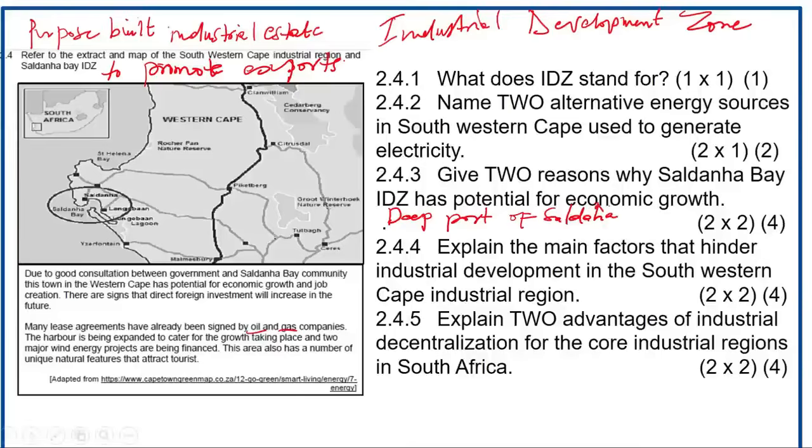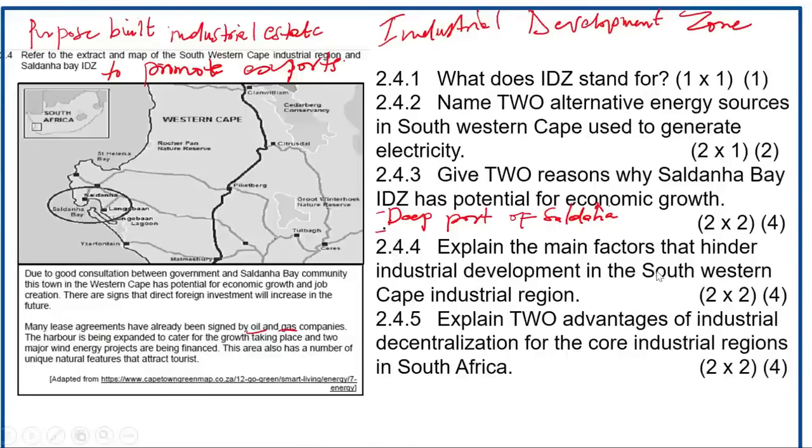That deep port makes export easy, because even the bigger ships can go there. Number two, it has a well-developed infrastructure. And then you have foreign investment there. There are a lot of companies from other countries investing there. So those make it possible.